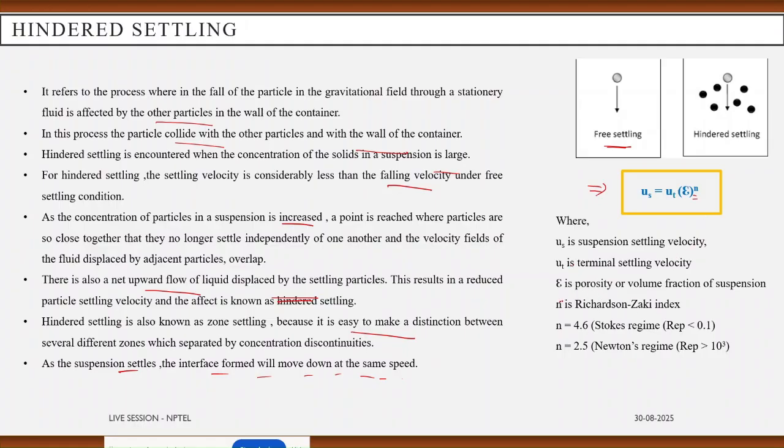This index value n is 4.6 for the Stokes regime, where the particle Reynolds number is less than 0.1, and this n value is 2.5 for Newton's regime, where the particle Reynolds number is greater than 10 to the power 3.